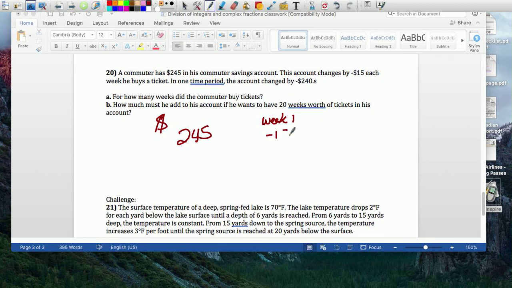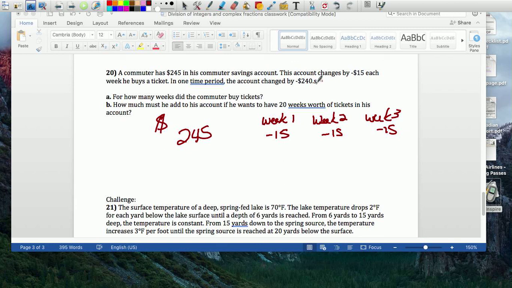It's minus 15 from that. Week 2, you're going to take another 15 from that balance. Week 2, you're going to take another $15, right? And the account changed by $240, so by negative.